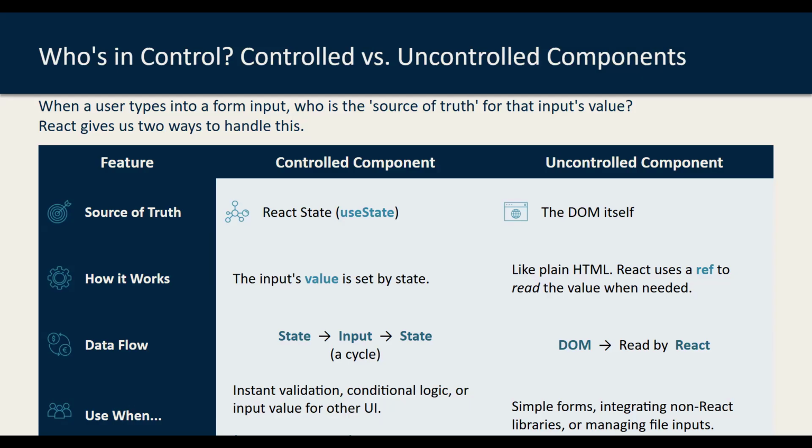This can be used for simpler forms, file inputs, or cases where you will be integrating with non-React code. So the big difference between the two is who is in control. In controlled components, React state is in control, whereas in uncontrolled components, the DOM is in control of the input values.